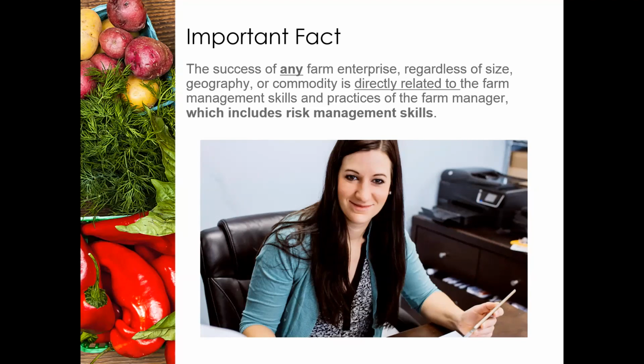And that's on a financial level, as well as many other levels, whether it be at production level or a time management level or that sort of thing. So really there is a direct relationship between the success of the farm and how good that farm is at business management and risk management.